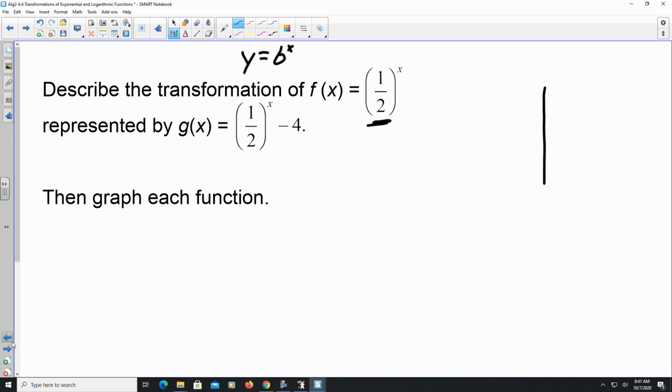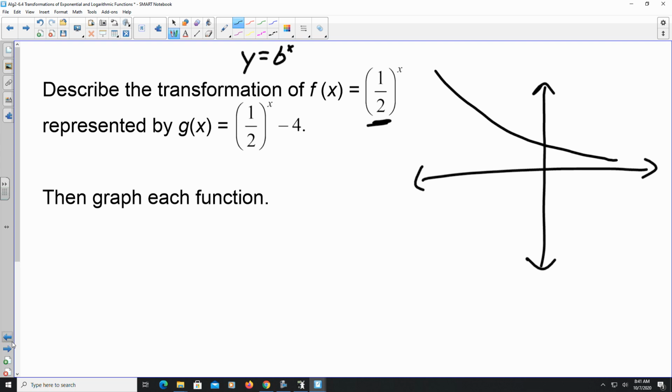If I were to graph this, it would be coming down like so, and this value right here would be 0, comma 1, and this value right here would be 1, comma 1/2.